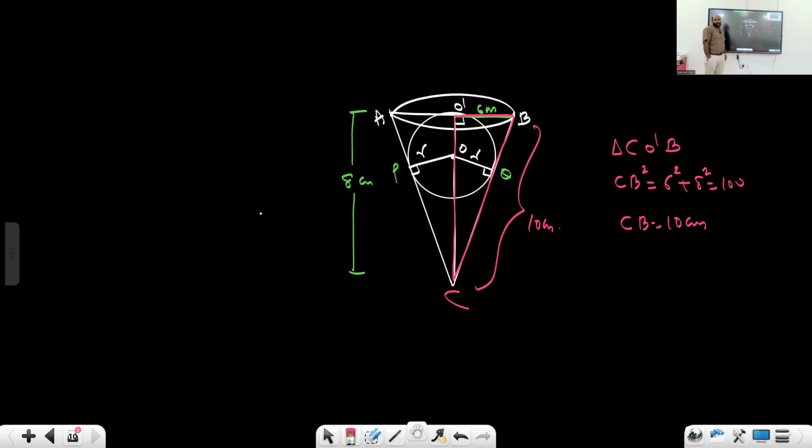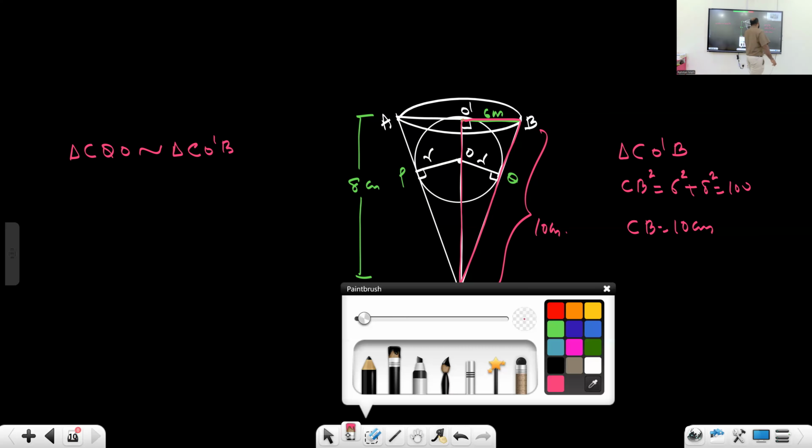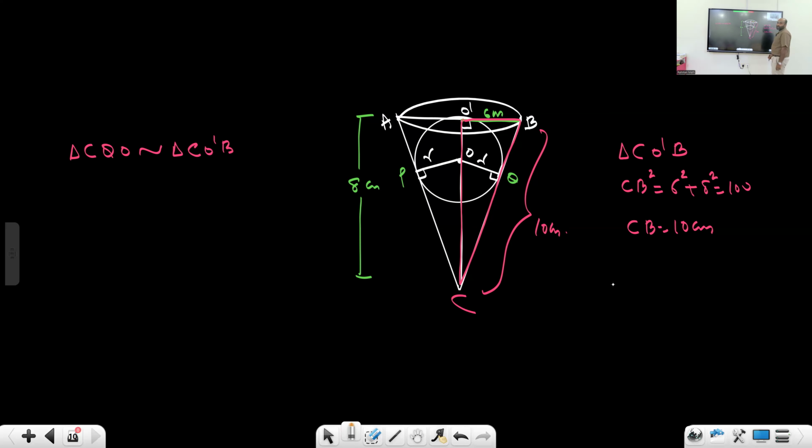By AA similarity, triangle CQO is similar to triangle CO dash B. Check the diagram. Why did I take AA similarity? All of you, this is the CQO.